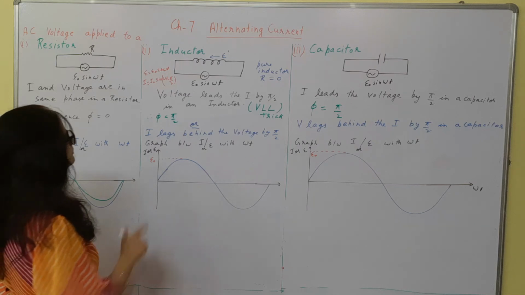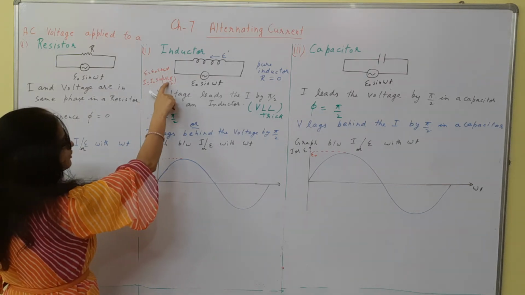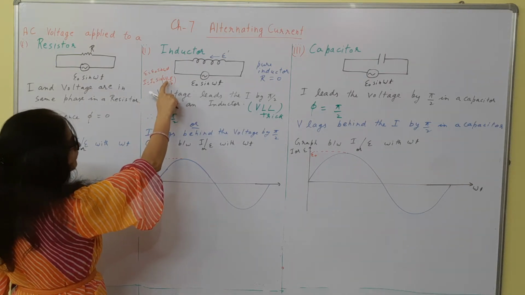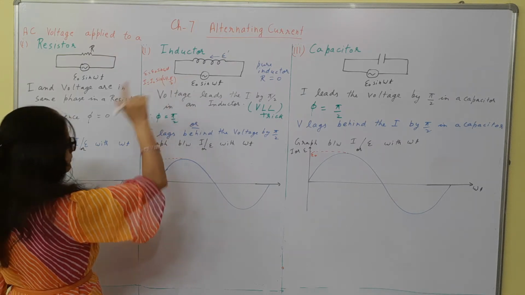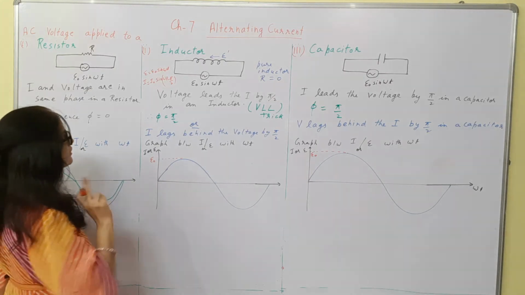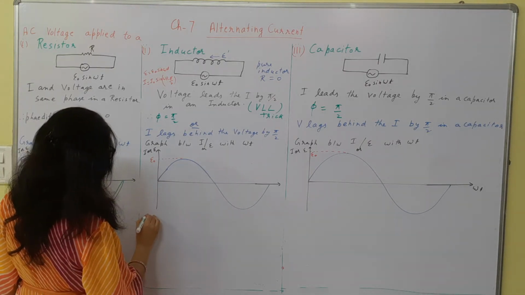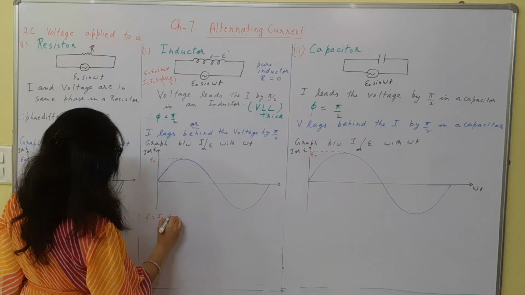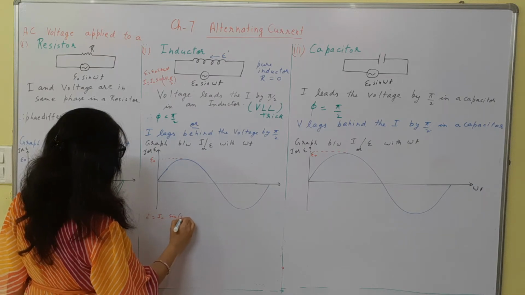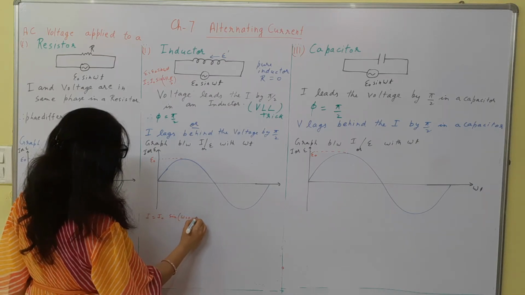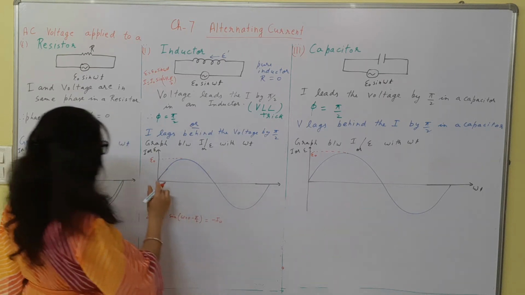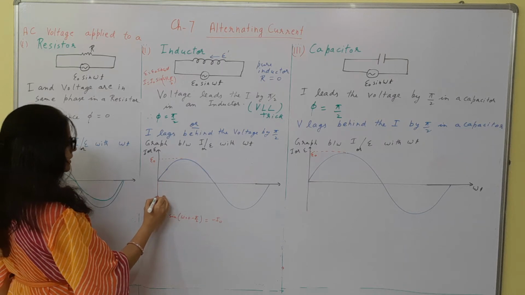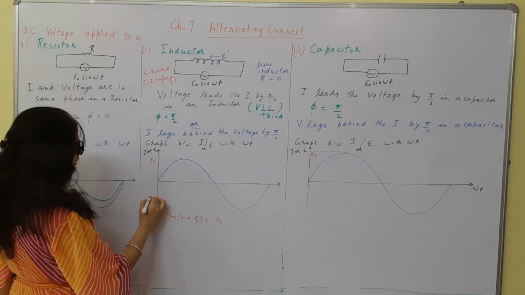So if you put t is equal to 0 here, this will be sin minus pi by 2. Sin minus pi by 2 is minus 1. So I is equal to I naught sin omega into 0 minus pi by 2. So this gives me minus I naught at time t is equal to 0.